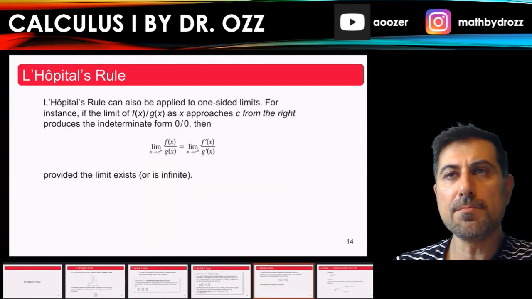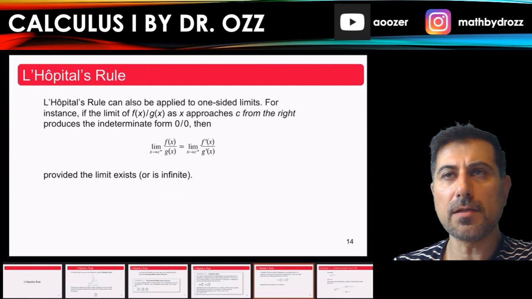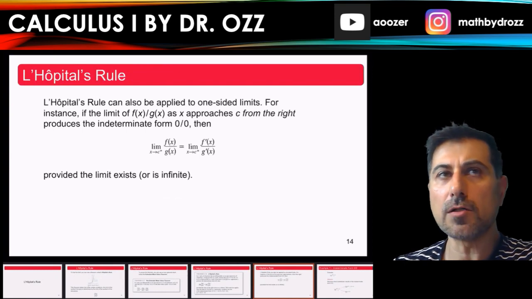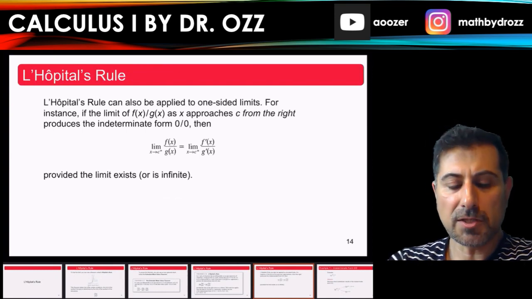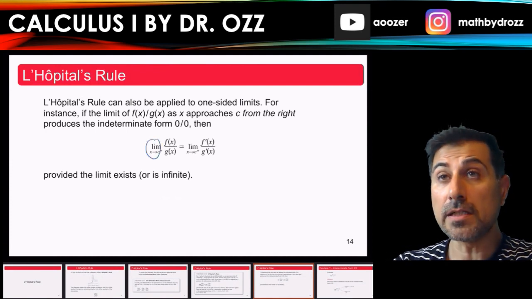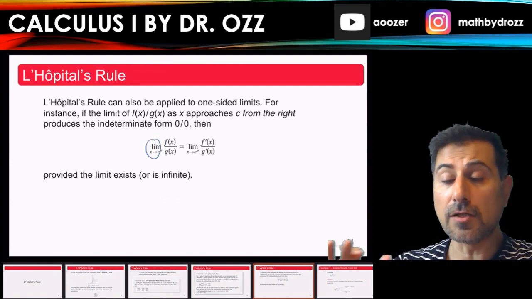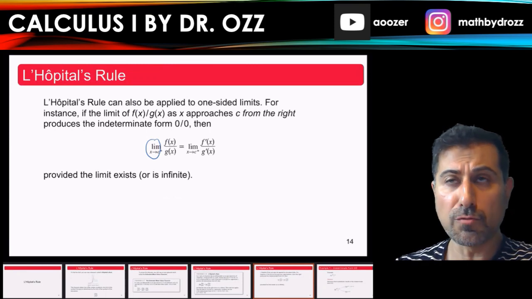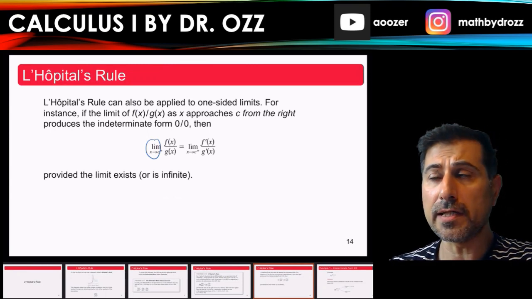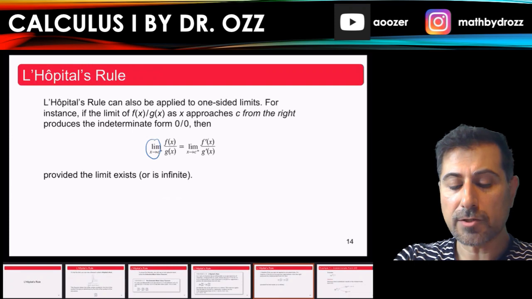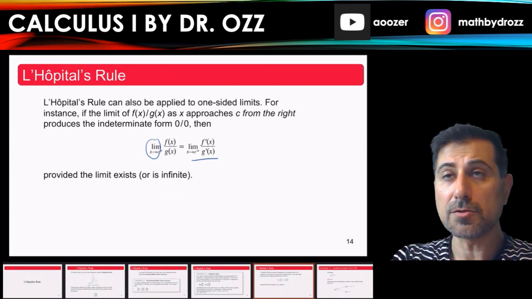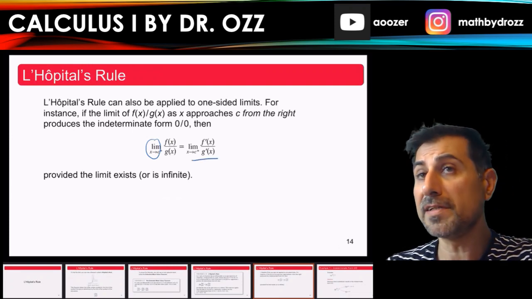Before I move on to the next example, here is a quick remark. When we talk about limits from the right or left, we can still use L'Hopital's rule as long as we have 0 over 0 or infinity over infinity. And once you take the derivatives of the top and the bottom, this limit should exist in some sense, or it's infinite.